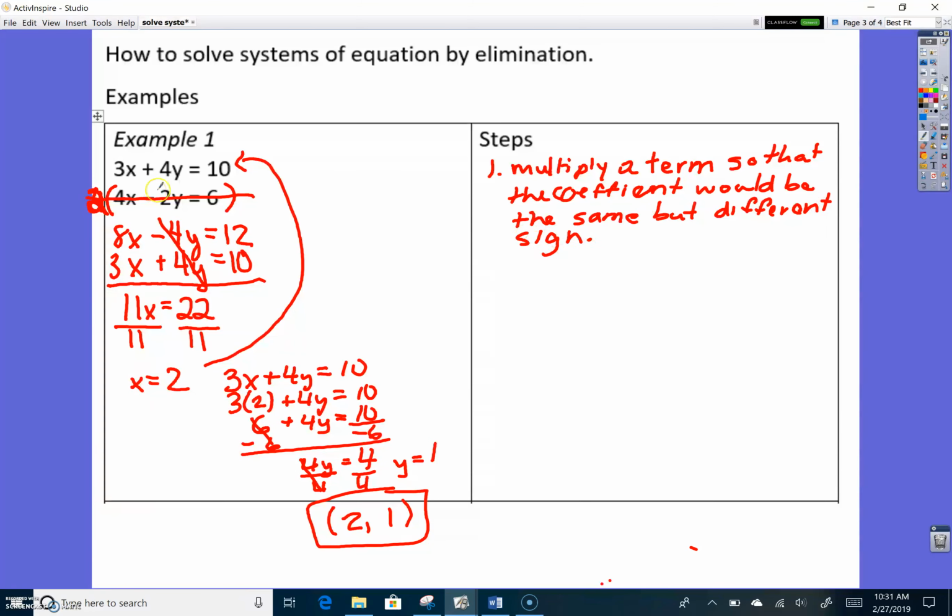If you look here, I multiplied it by 2 so that both of them would be 4, but they have different signs. Next thing I do is add the two equations together.